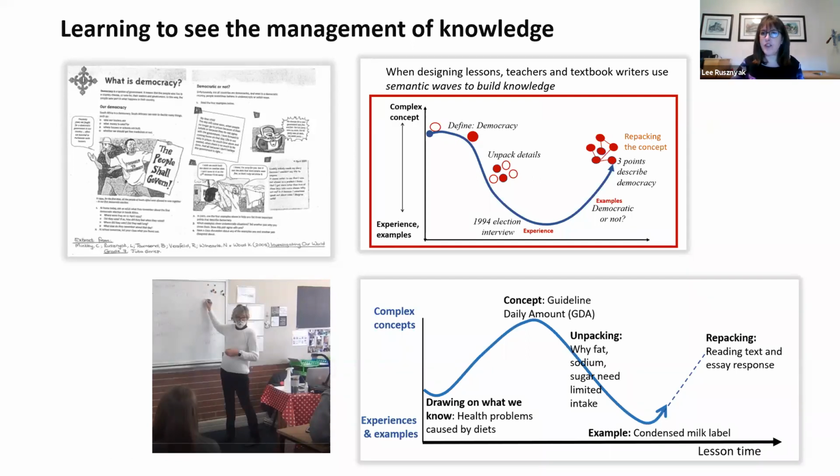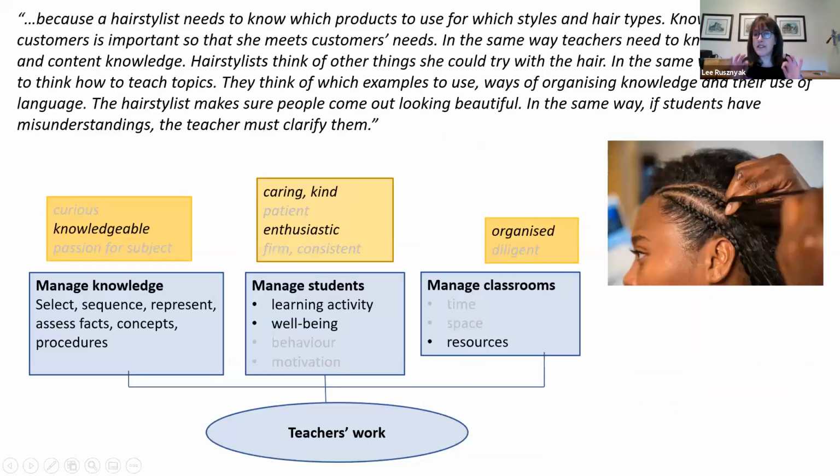And at the end of the year, in October, for example, that very same student who talked about the social work, her revised metaphor was this: being a teacher is like being a hairstylist. And a hairstylist needs to know all the things that she needs to work with, and knowing her customers is important to meet their needs.